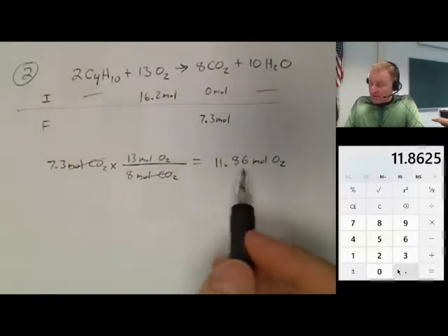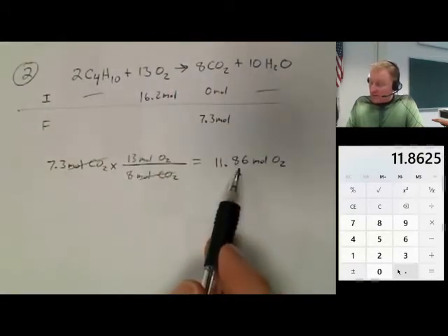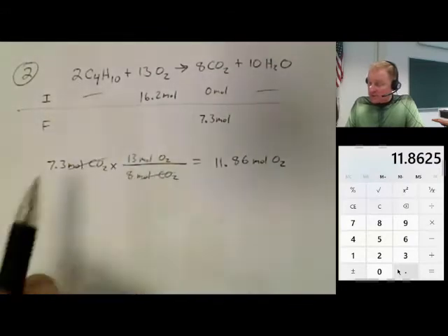Well, when we take a look at this, we find that, yeah, we had more than enough oxygen for this to happen. So the question is how much oxygen is left over.